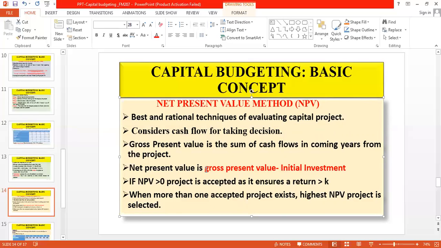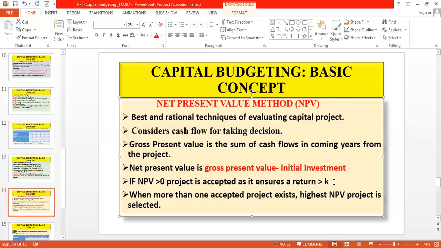And if you are getting a return higher than the minimum required cost of capital, then definitely the project that you are considering will add some value to the company. And we know that maximization of value is the objective of a company in modern days. So accept the project which has NPV greater than zero, because it will ensure a return greater than K.